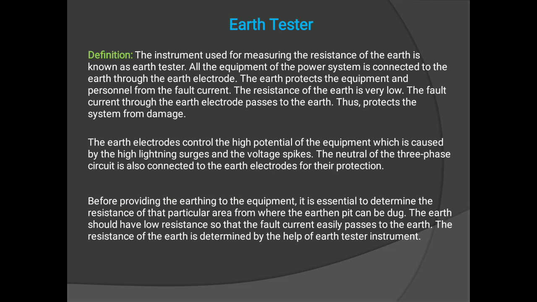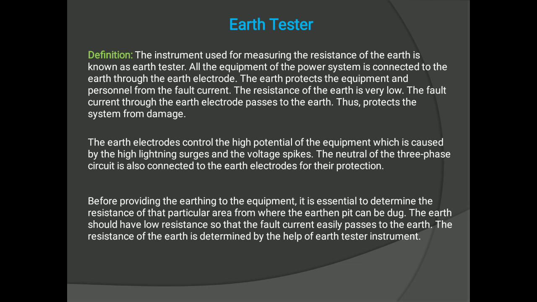The purpose of an earth electrode is to ensure that in the event of overvoltage on the system due to lightning discharges or other system faults, those parts of equipment which are normally dead as far as voltages are concerned do not attain dangerously high potentials.